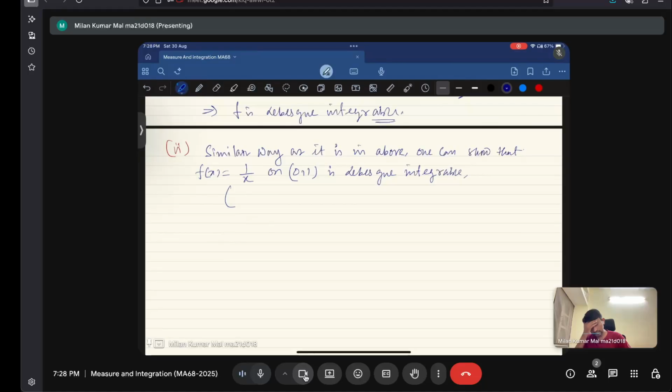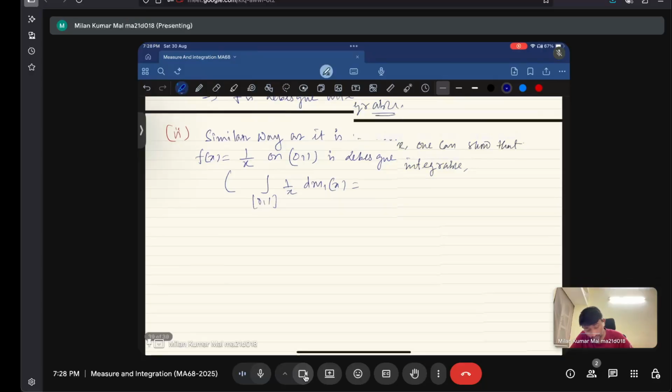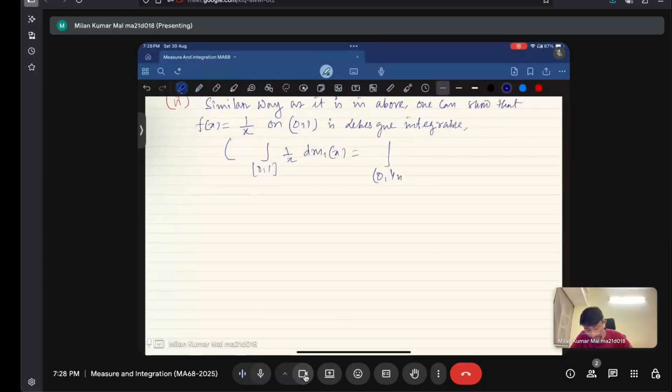or one can write it as the integration over (0,1) of 1 by x dm1 x. This can be written, we can break it first, as the integral over (0, 1 by n), that is an open interval.